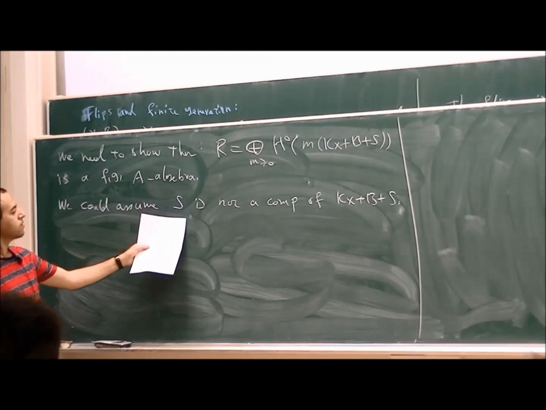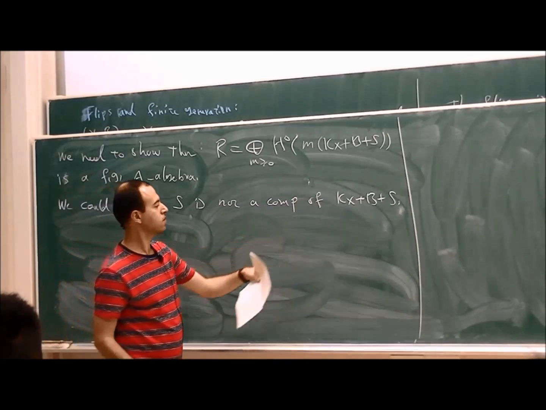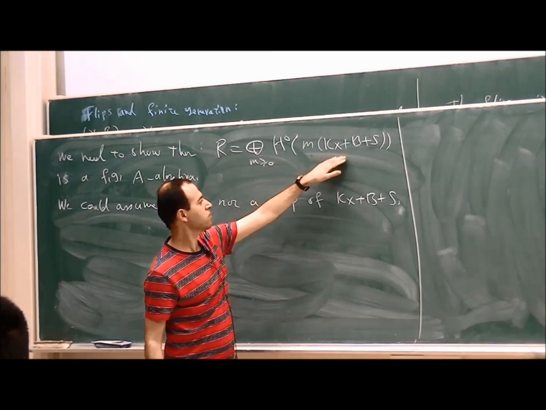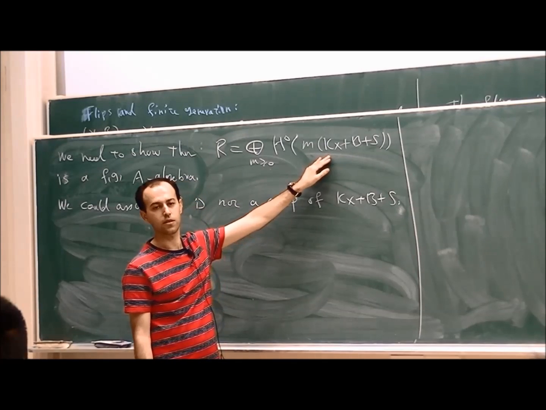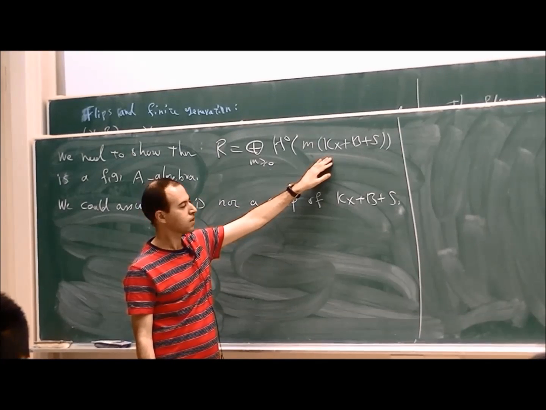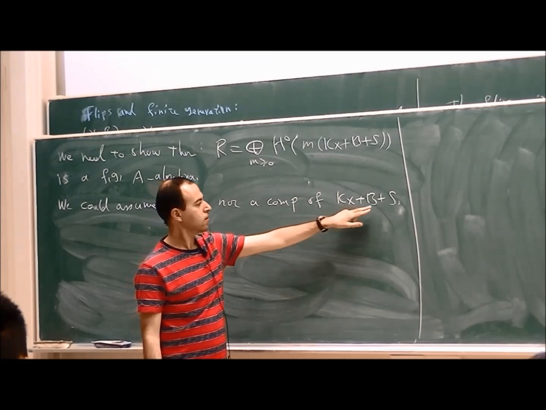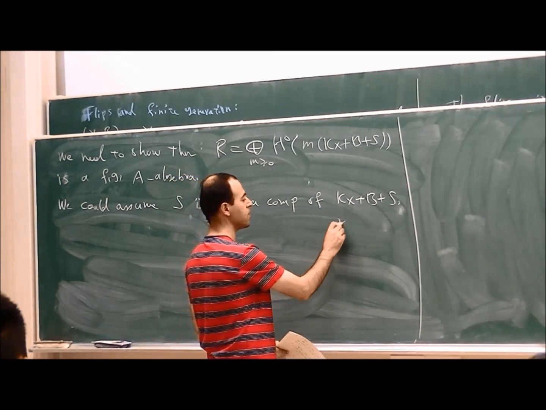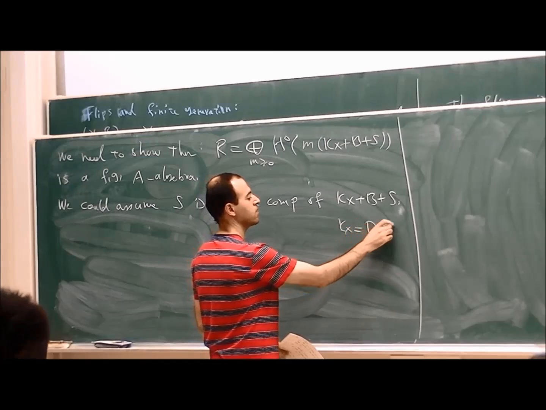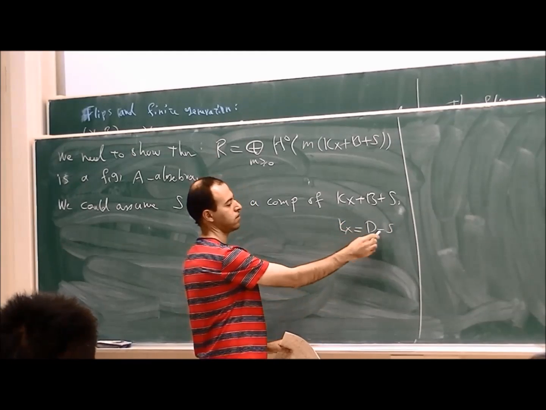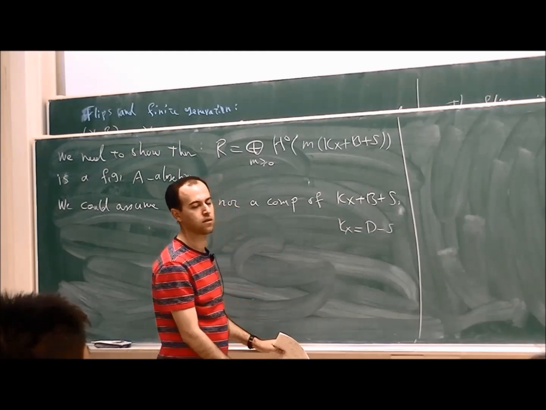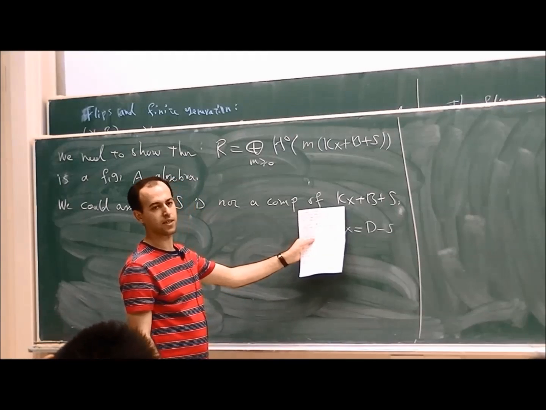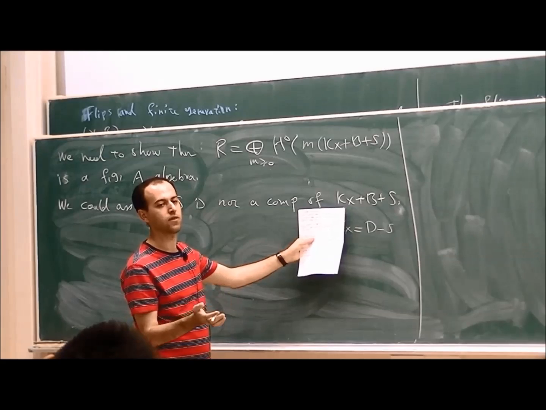And then when S is not a component of the divisor, every element in this linear system is just a rational function. Still, S is here, but K could be something like D minus S, and then D minus S will remove that S. Because K is not unique, it's only defined up to linear equivalence.